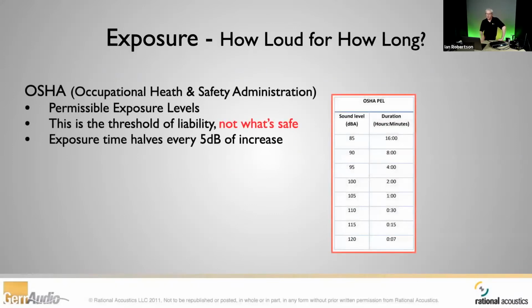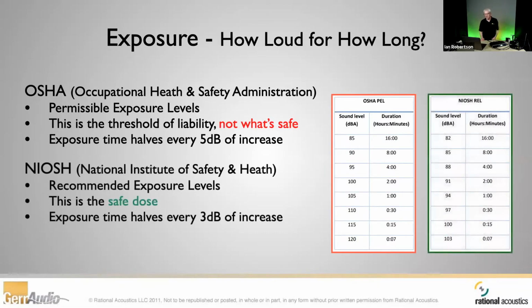So occupational health and safety has what are called permissible exposure levels. And this is the threshold of liability for an employer. It's not necessarily what's considered safe. The thing to note here, if you look at the table, is that your allowable exposure time cuts in half every time we see a 5 dB increase in level.